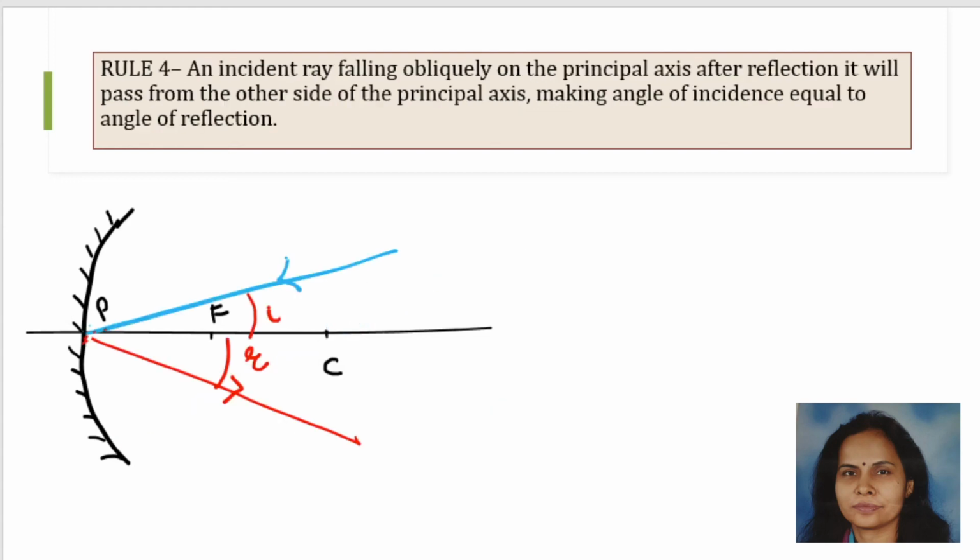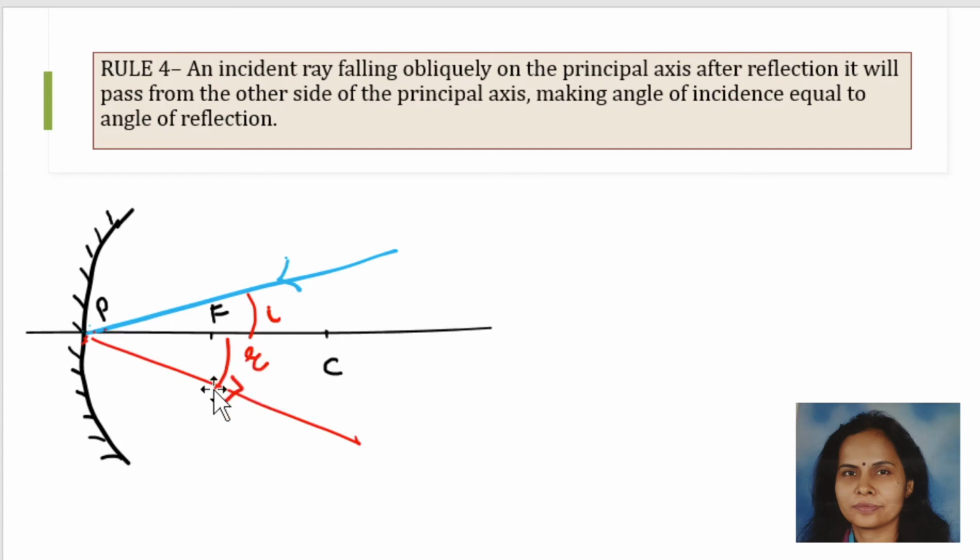But specifically for this case, while drawing, we need to measure angle I and angle R, because suppose this is your incident ray, it is falling obliquely. What do we mean by obliquely? Obliquely means making some angle. So when it is falling obliquely, there is no specific point where the reflected ray can go. It has to pass to the other side of the principal axis.